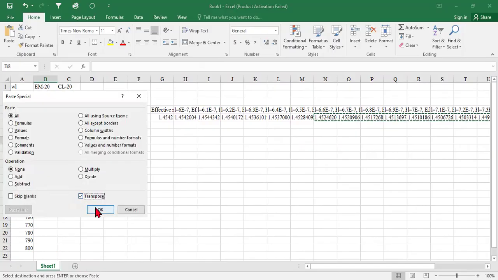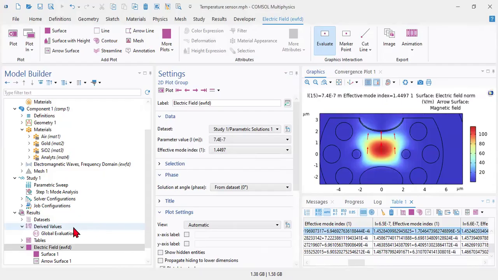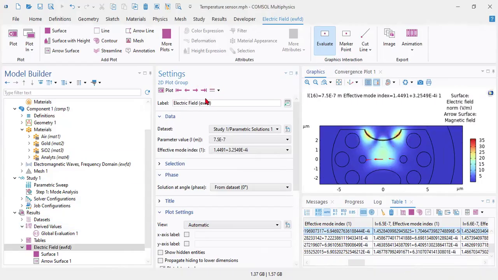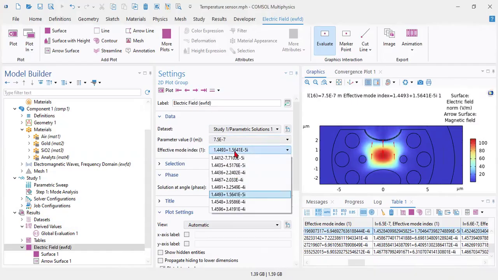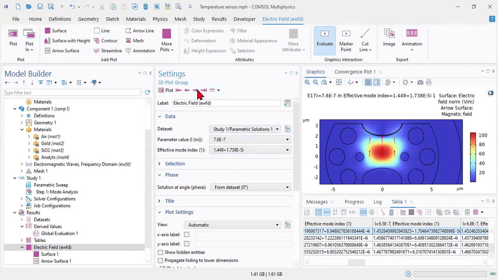Paste special, transpose. Okay, and then click Escape, so it will not be copying anymore. For 750, we have to find out. This is at position 3.